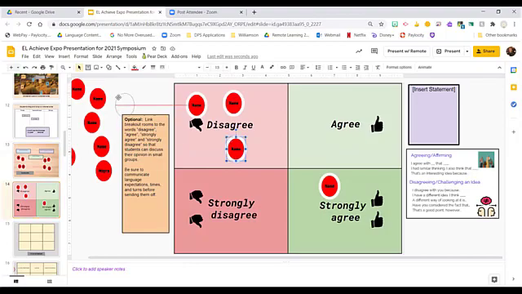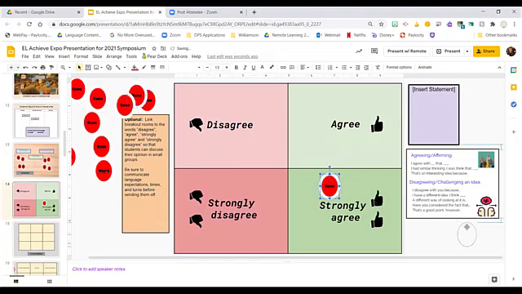This one is really neat because it's essentially a four corners activity. So you'd put the student names on talking chips ahead of time, and then they would drag and drop their name into the virtual corner that matches their response to the question. They could use some of these language frames here.